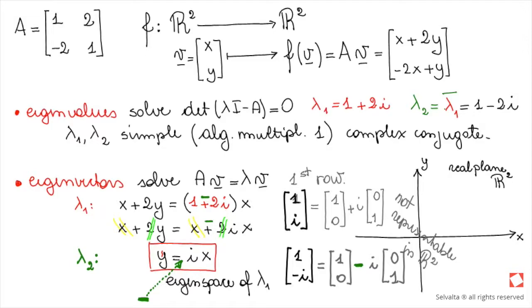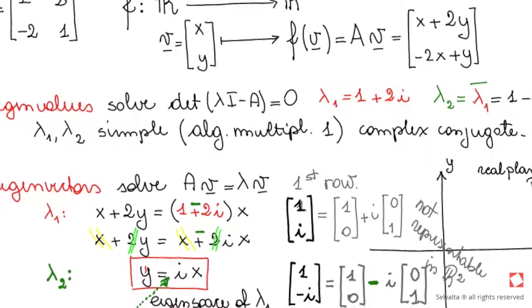For instance, any rotation of the plane R2 into R2 will not preserve any direction, and therefore rotations in R2 will be represented by matrices with complex eigenvalues.